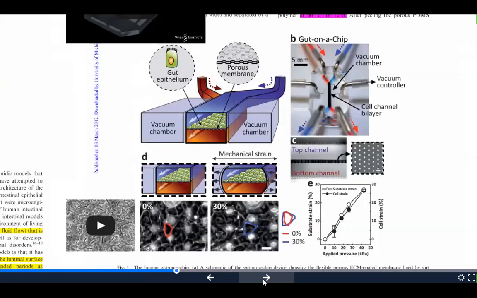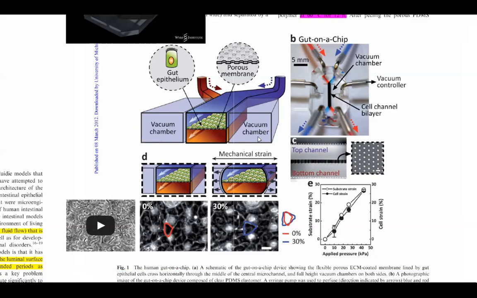So this device was capable of producing elongation by inducing this vacuum pressure. They could produce elongation of up to 50% strain. And as you can see, when they incorporated different pressures in terms of 2 Pascal, they could have different substrate strain and cell strains.